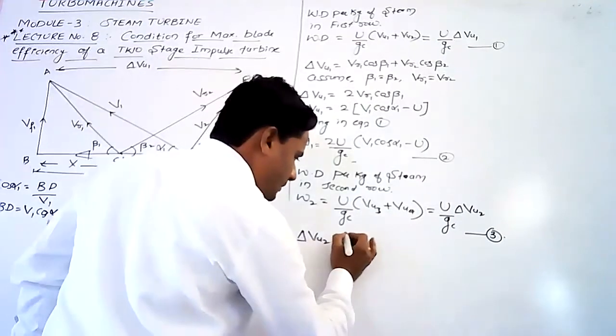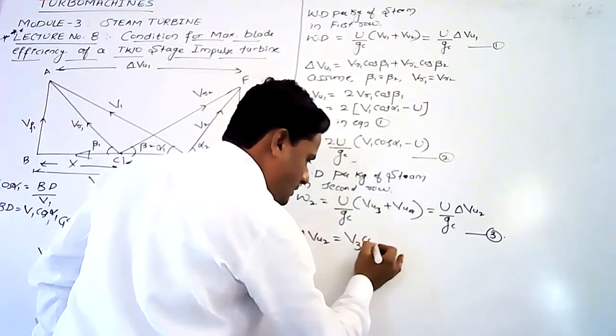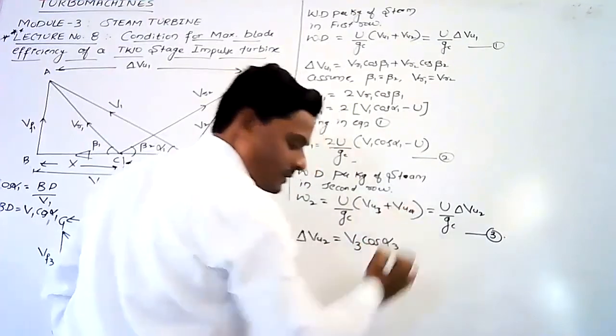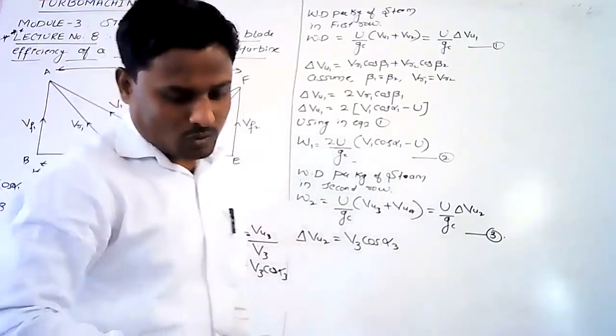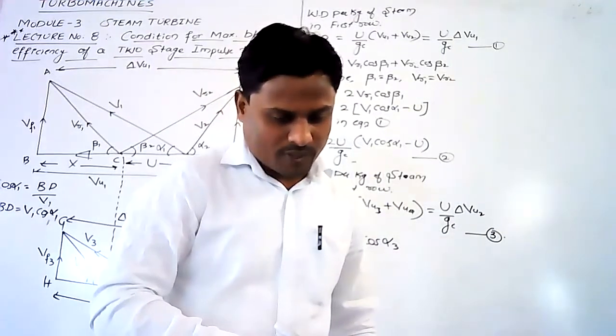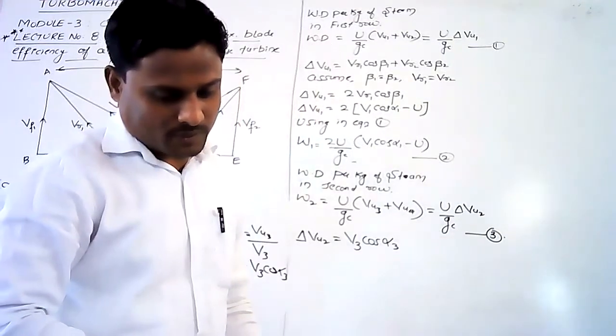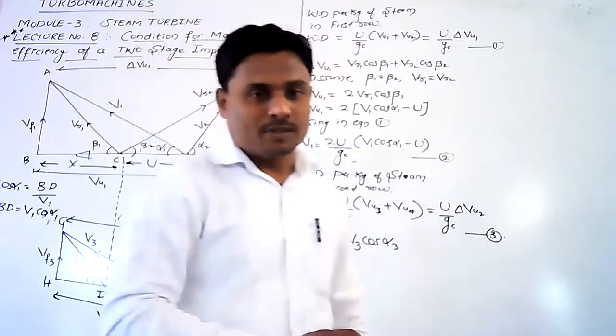This is V3 cos alpha 3 here. Fine. I hope this is clear.